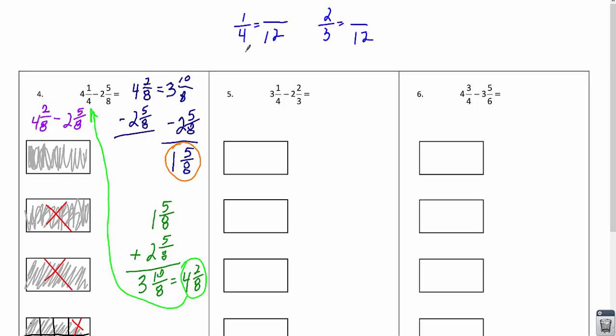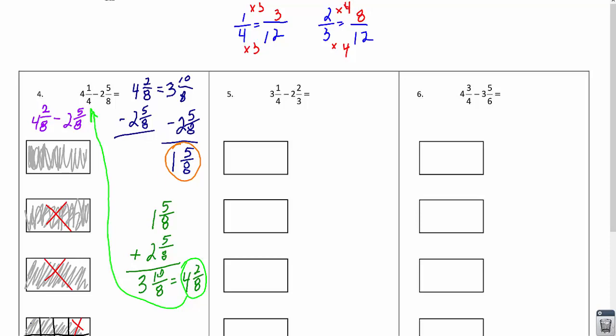4 times what makes 12? 4 times 3. So we've got to do 1 times 3. We get 3/12. 3 times what makes 12? 3 times 4. So how much is 2 times 4? Well, 2 times 4 is 8/12. All right, great.